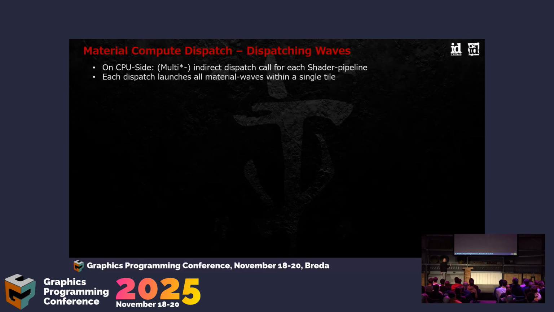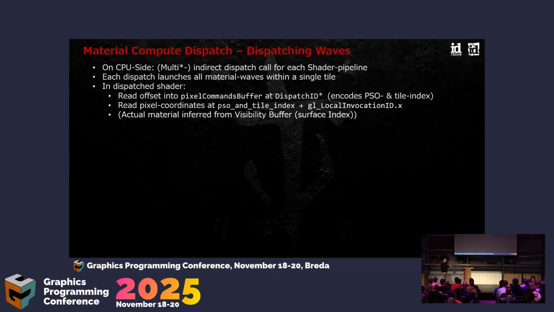And each single dispatch within the multi-dispatch contains all waves within a single tile. And in each dispatched shader, we then need to find out which pixel we are currently processing. We do this by reading the current dispatch ID, which encodes both the shader pipeline and tile index. And using this information, we can look up into our offset buffers that we computed earlier and retrieve the tile's local pixel coordinate from there.